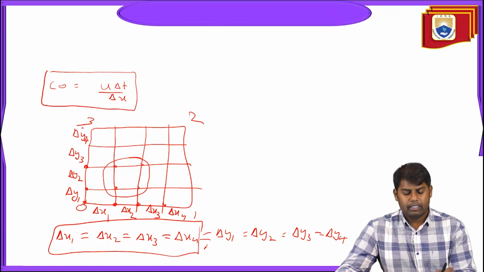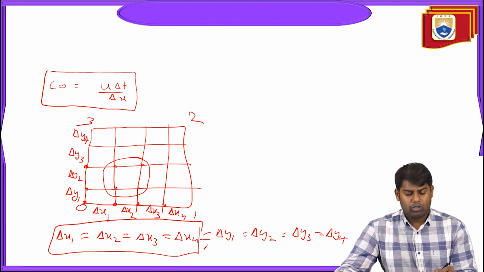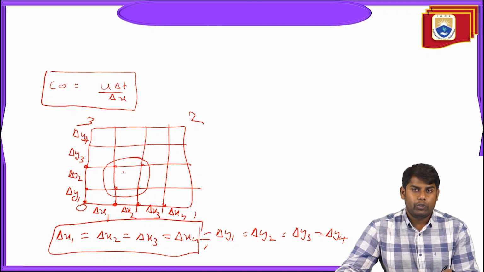If you take the boundary 0, 1, 2, 3, that is called a big cell or big control volume. The smallest unit in the mesh is called the small control volume, which is formed by the combination of four grid points.